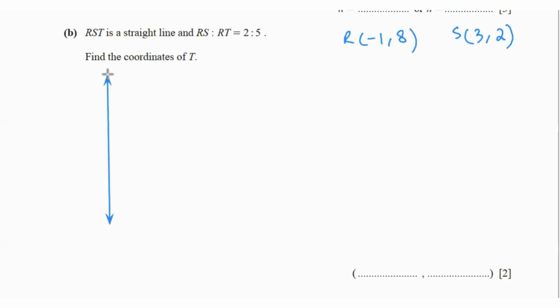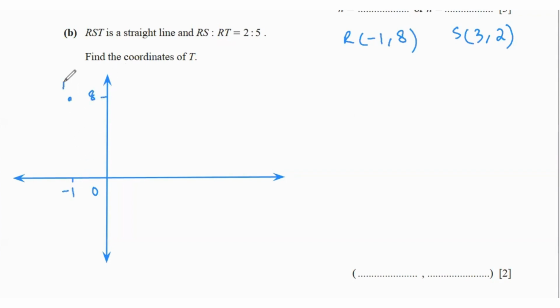So if I draw a rough representation, (-1, 8), let's say this is R, and (3, 2) is S. This is a straight line.